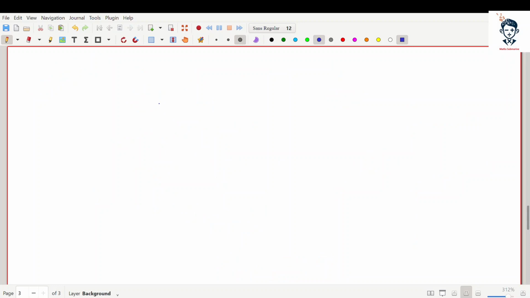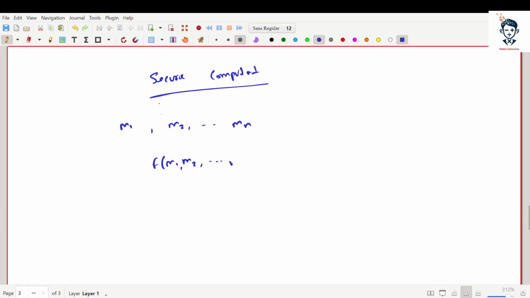Again, let me summarize what secure computation is. Secure computation means I would like to compute something on my messages securely. What do we mean by securely?